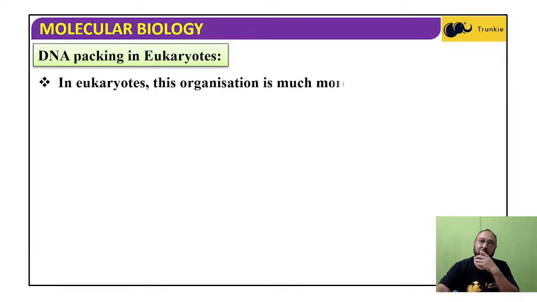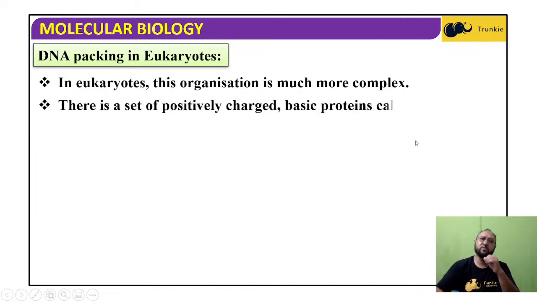DNA packing in eukaryotes. In eukaryotes, this organization is much more complex because there is high coiling and very compact packaging. There is a set of positively charged, basic proteins called histones.